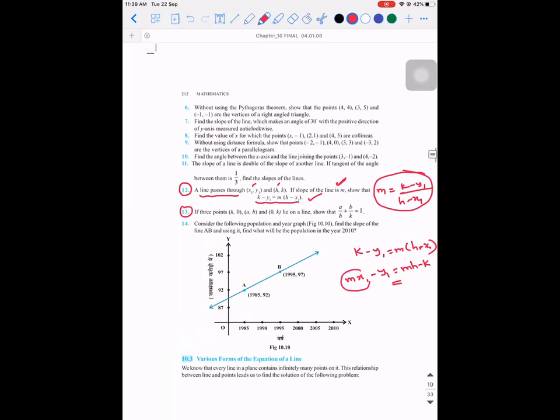This mx1 I can write it as ax. Minus y1 I can write it as by is equal to this mh minus k I can write it as c. What is this actually? ax plus by is equal to c represents what?